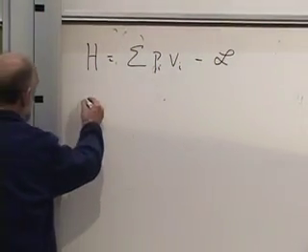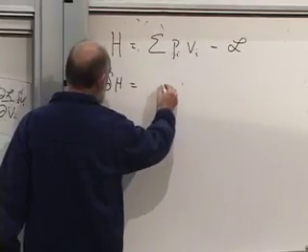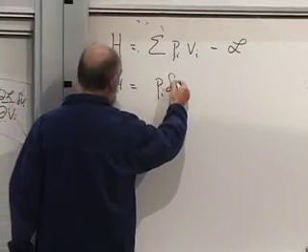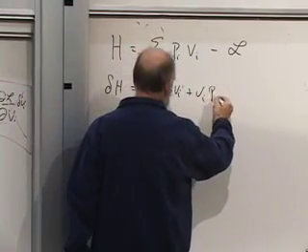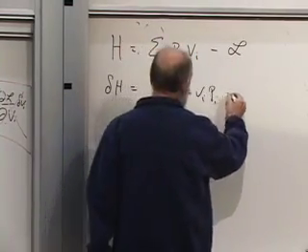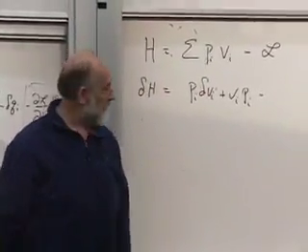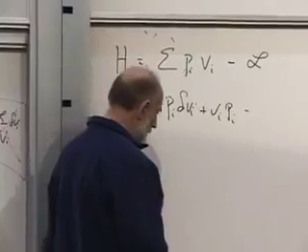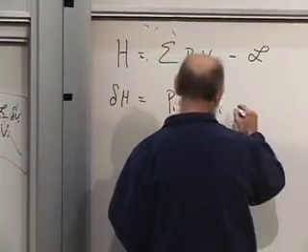Now let's make a little variation. That's going to be equal to p sub i delta v sub i plus v sub i delta p sub i, minus the change in the Lagrangian. Minus v sub i delta p sub i.